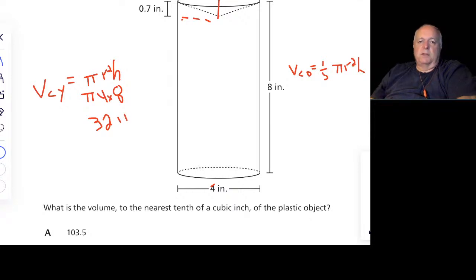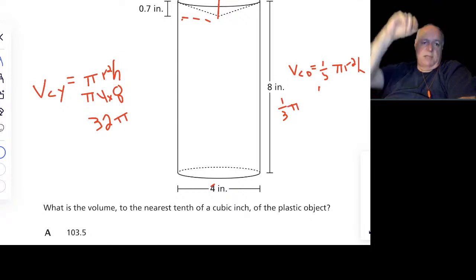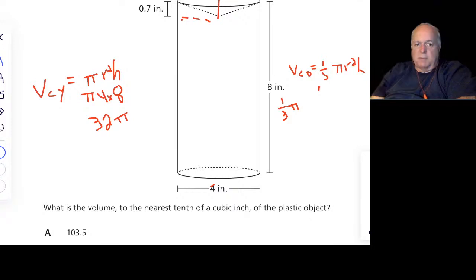Okay, we're going to have a similar thing here. We're going to get 1/3 pi. So we're going to have the same 4, because the diameter of the top of the cylinder is the same as the diameter of the bottom.